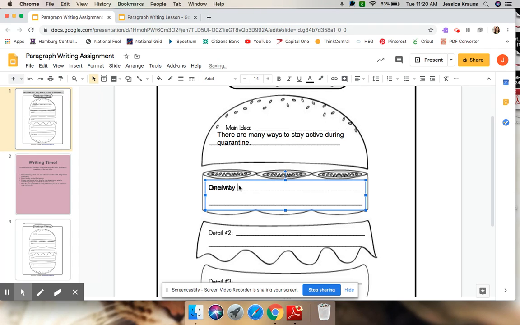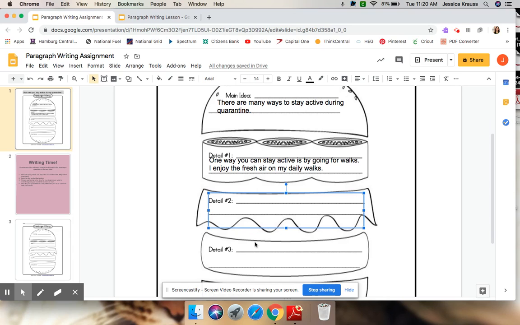One way you can stay active is by going for walks. And I'm going to add a sentence and say, I enjoy the fresh air on my daily walks.